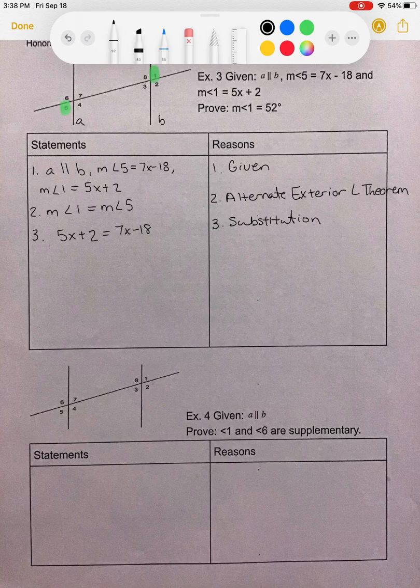Okay, you can decide how you want to solve, if you want to move the x's to the left or to the right. In this case, this one really doesn't matter. I typically move the x's to the left just because sometimes that's all you're doing, trying to prove what x equals. So I'm going to subtract 7x this way and get negative 2x.